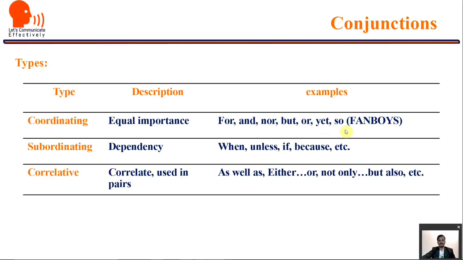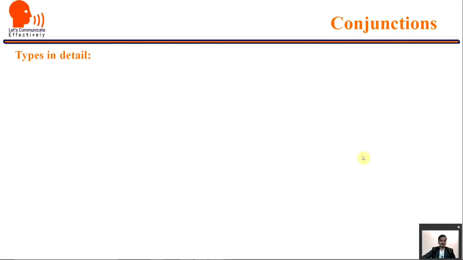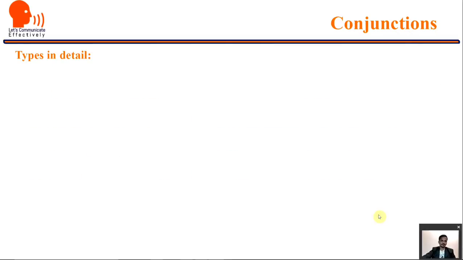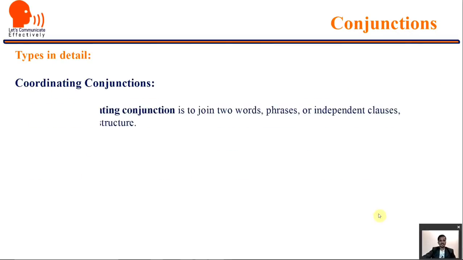Subordinating, they show dependency: when, unless, if, because. And correlative, they correlate and are used in pairs. For example, as well as, either or, not only but also, etc. Let us see those types in detail now.